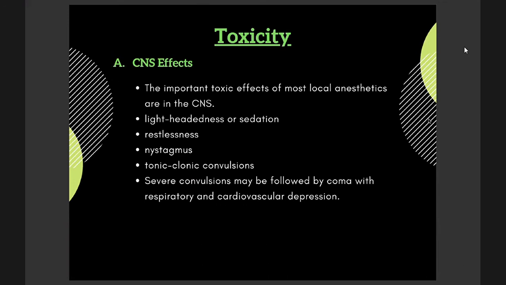The CNS is more sensitive to the toxic effects of your local anesthetic, while the cardiovascular system is more resistant. So the manifestation of local anesthetic toxicity would be CNS manifestation first, rather than cardiovascular.